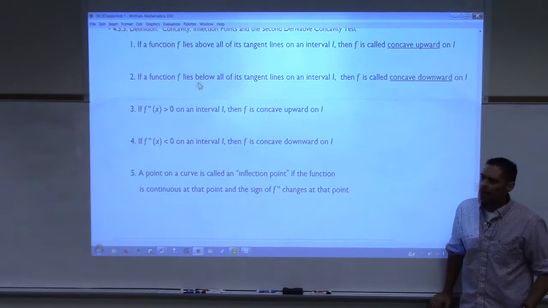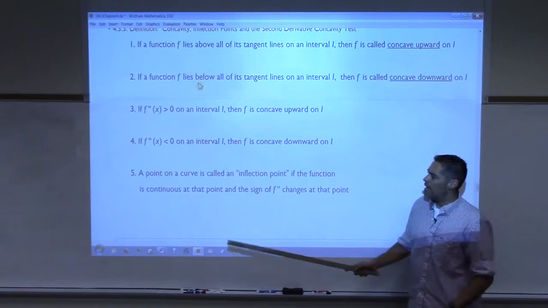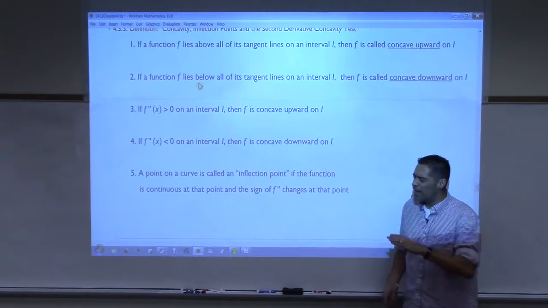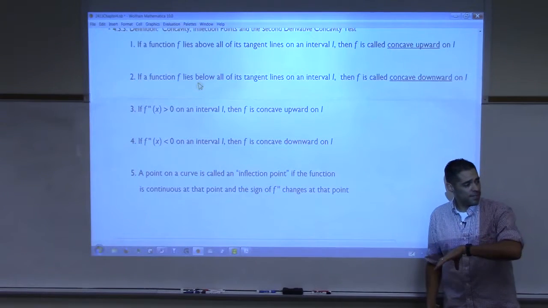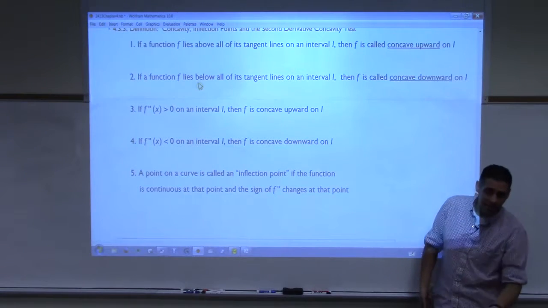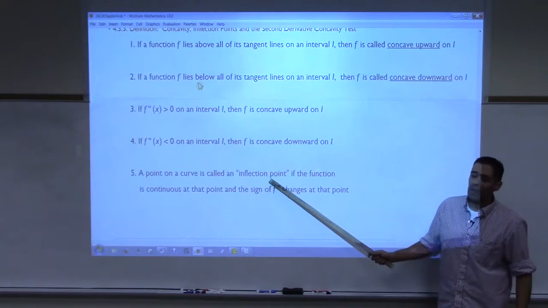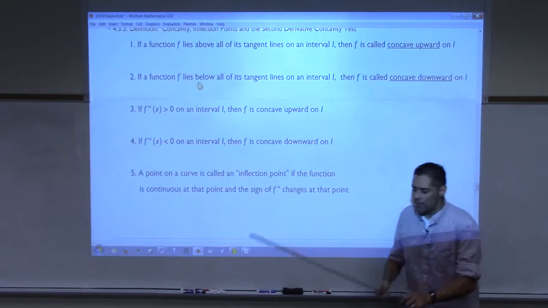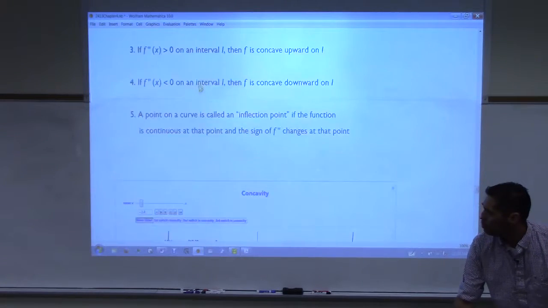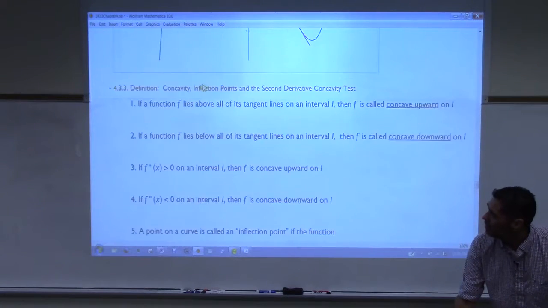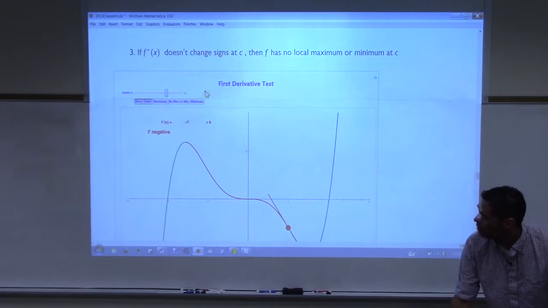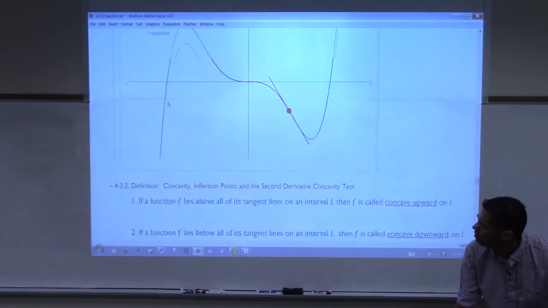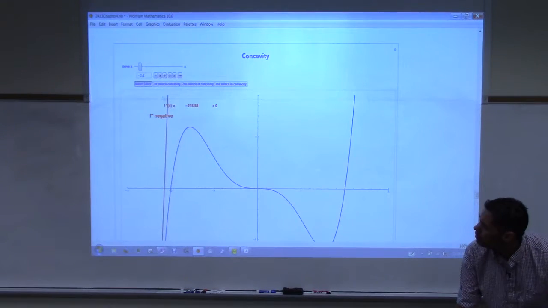Now, anywhere that the concavity changes from positive to negative or negative to positive, either way, is called an inflection point. It's called an inflection point. Let me move it all the way across again.